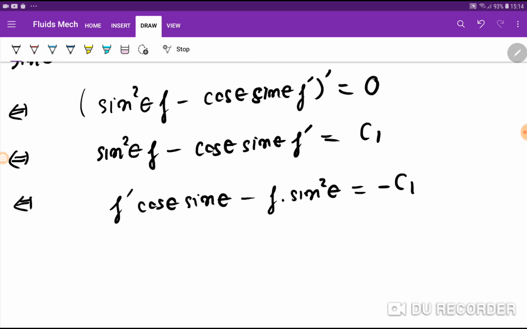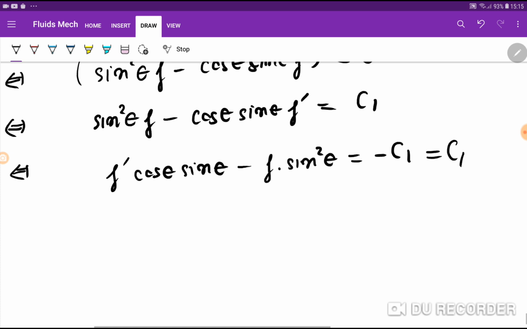Negative C1 is a number. You want to represent it in the simplest way. You don't want any negative sign. It all points to one thing, a number. So instead of negative C1, we just write C1. So what I'm gonna do, I'm gonna divide both sides by cosine theta. So we have this.